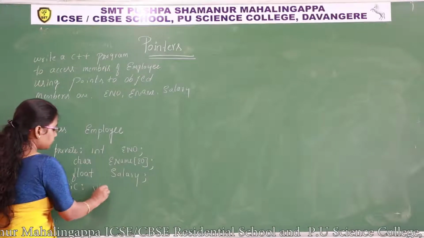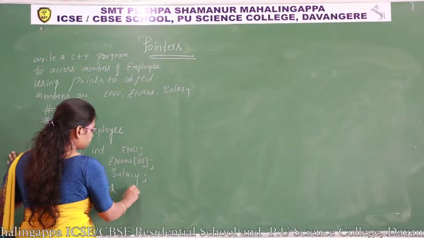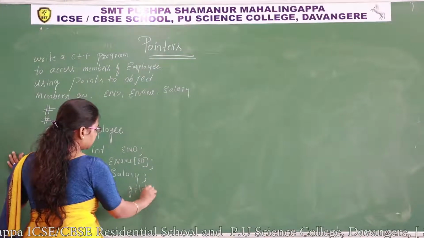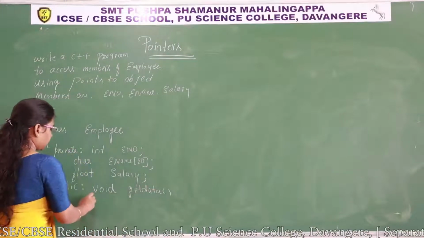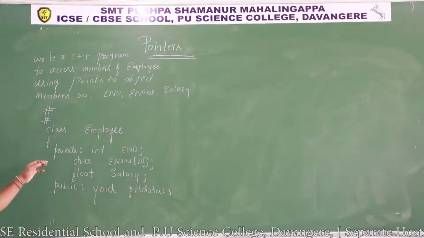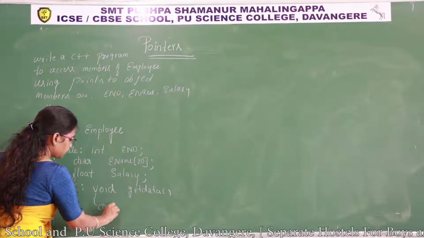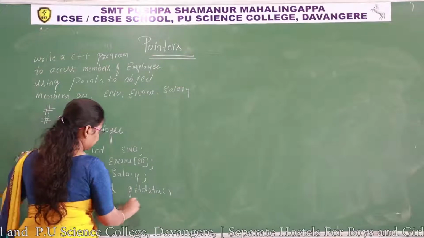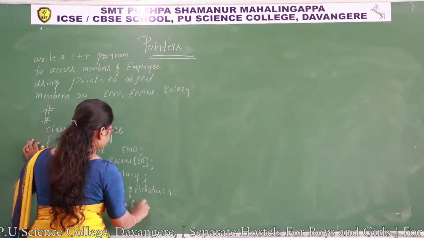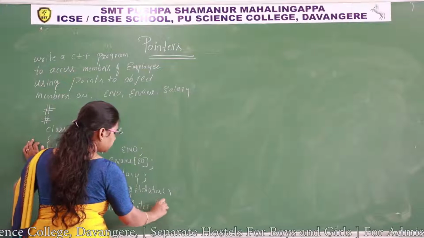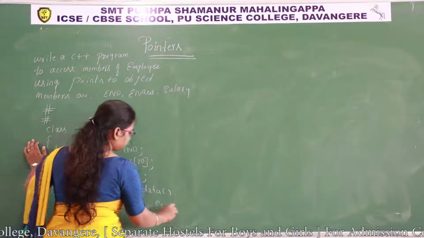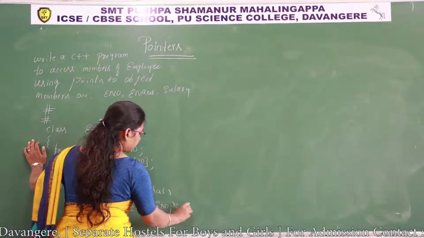I'll take the function void getdata, open curly bracket, cout insertion, "Enter employee number, employee name and salary."